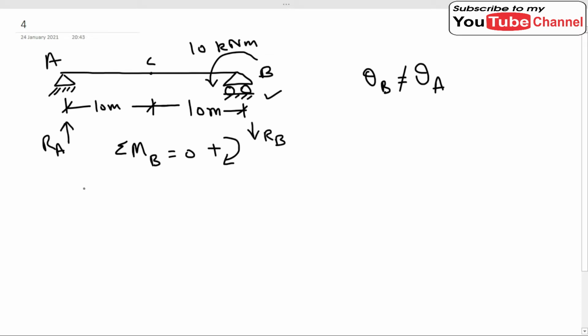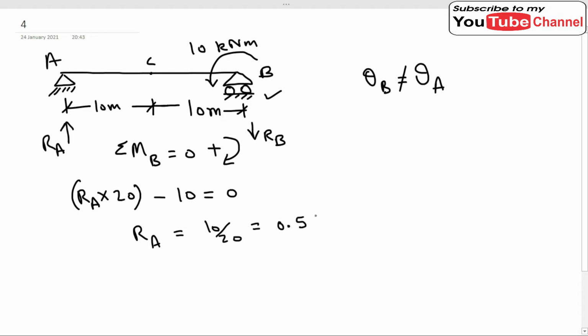So RA multiplied by 20, the whole distance from A to B, and it will be positive, and minus 10 equal to 0. We are applying the sum of moments at B equal to 0. So RA will come out to be 10 by 20, which is 0.5 kilonewton.